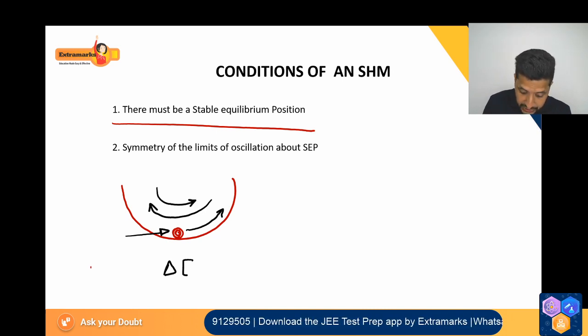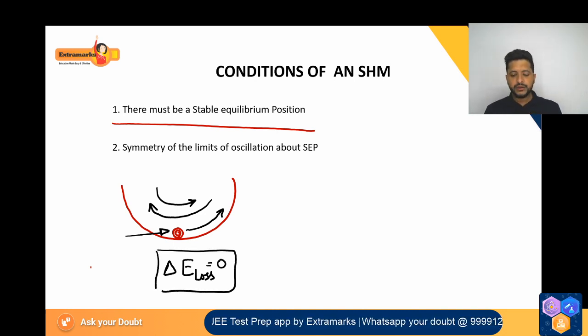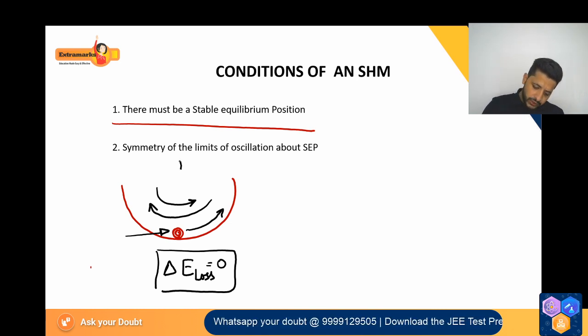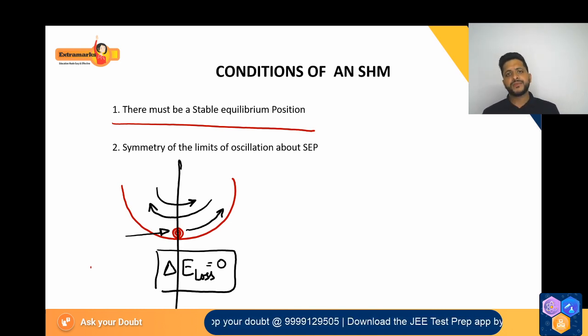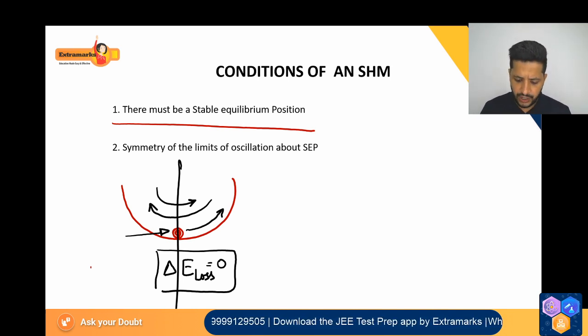Mind you, my discussion is confined to energy loss equal to how much, beta? 0. So this particle is going to undergo oscillations about this vertical axis, or I can call this vertical axis the mean position.